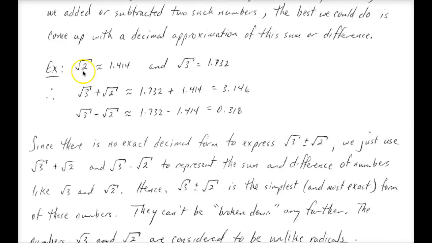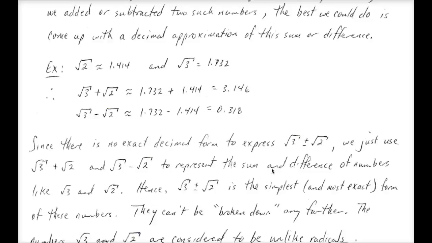But the main thing that we want to look at here is that any expression that has square root of 2 in it will be an unlike radical expression in terms of anything with square root of 3 in it. If we look at the expression square root of 2 plus or minus square root of 3, or put another way, square root of 3 plus or minus square root of 2, if we look at it commutatively, then we see that we're not going to be able to add those numbers together to get an exact answer.